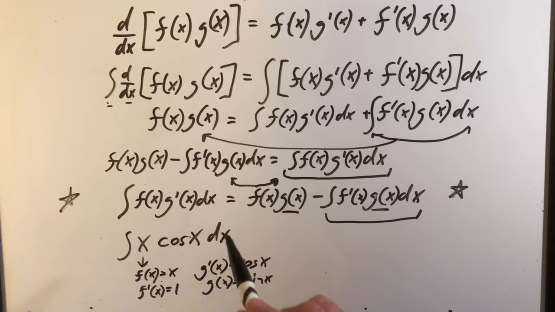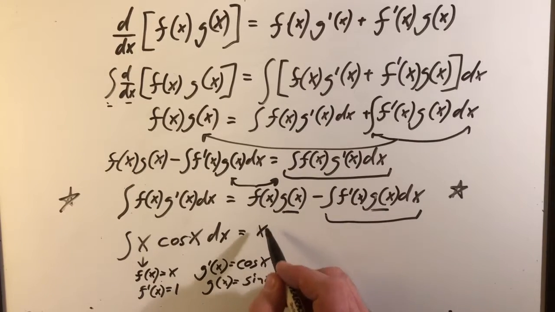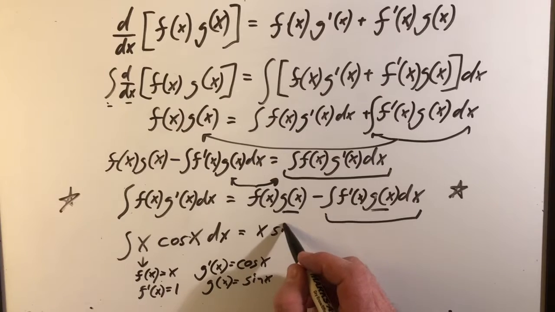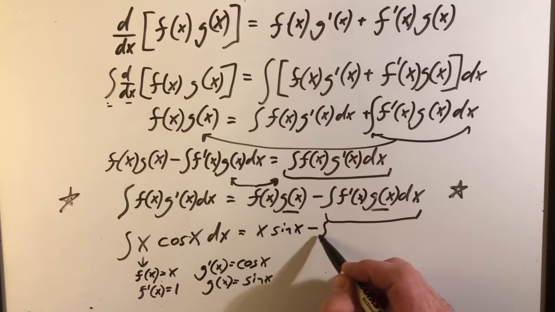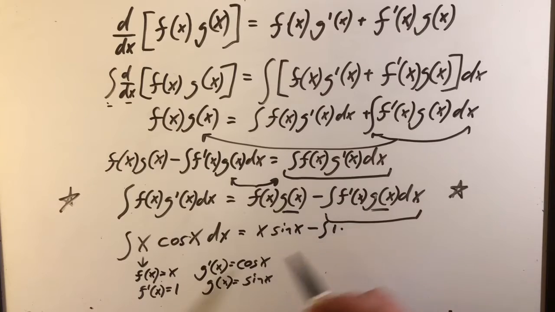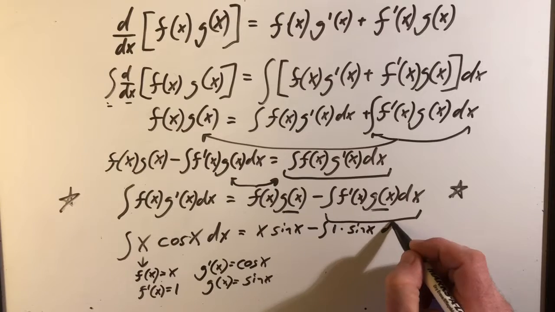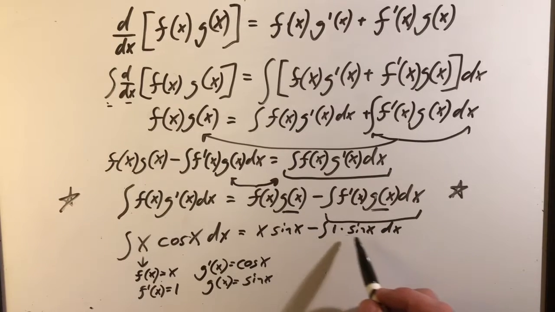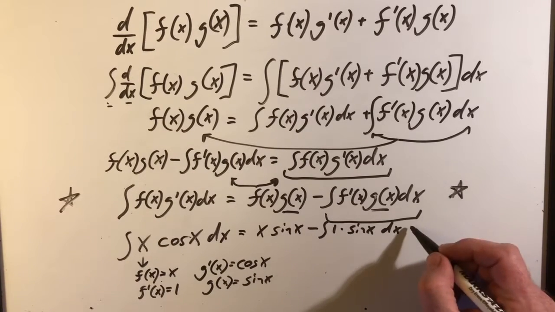So therefore, if I have the original formula here, I can go: my f of x is x times sine x minus f prime of x, which is just 1, times g of x, which is sine x, dx. Well, we know the antiderivative of sine, right?